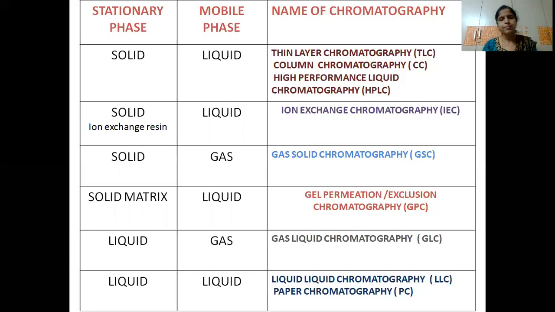Paper is made of cellulose and we have small pores in it. In these pores, we have small water molecules which are embedded. That is why liquid is acting as the stationary phase and the mobile phase is again a liquid. So this is the general classification of chromatography.